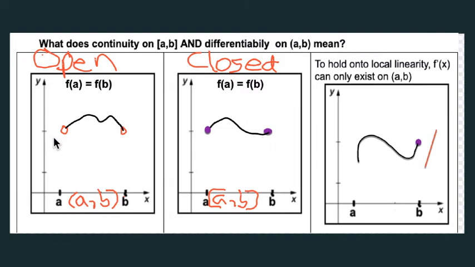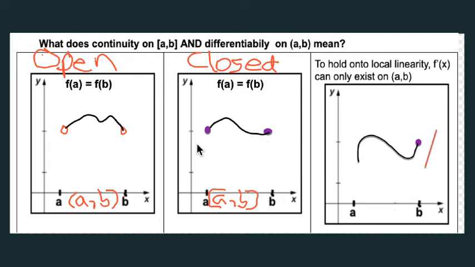Then when we describe differentiability, we're going to move over here to the open interval. What we say is functions, generally speaking, are differentiable over an open interval from a to b. And it means you can't get the derivative at the endpoint. So again, functions are differentiable over an open interval. Continuity is over a closed interval, because you can get the y values.